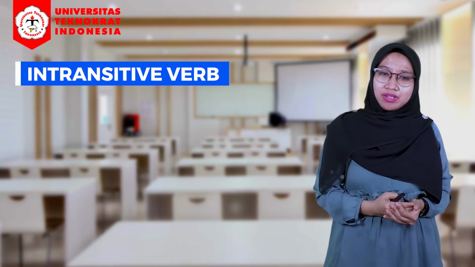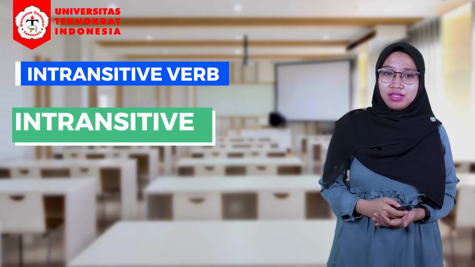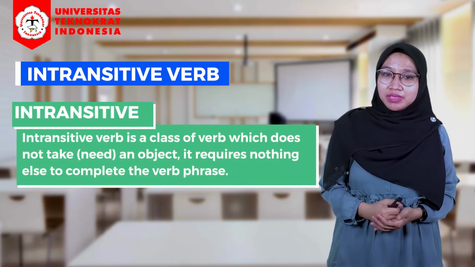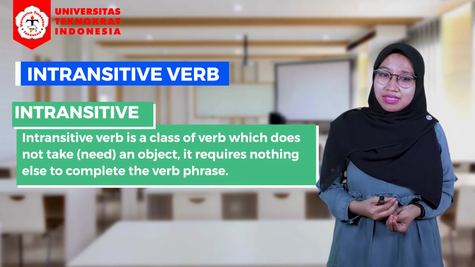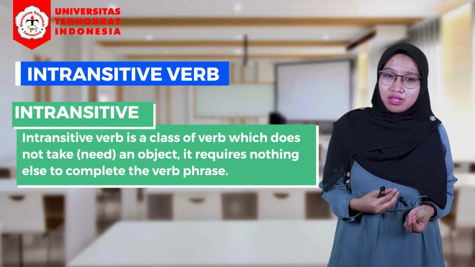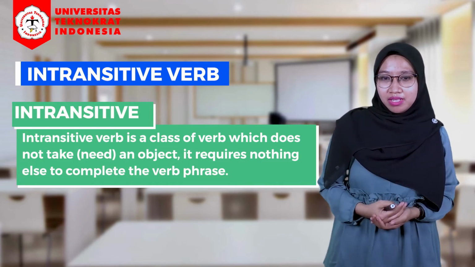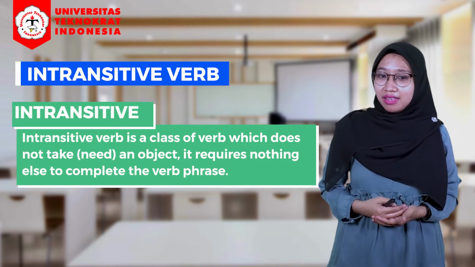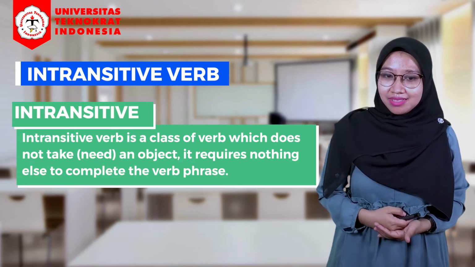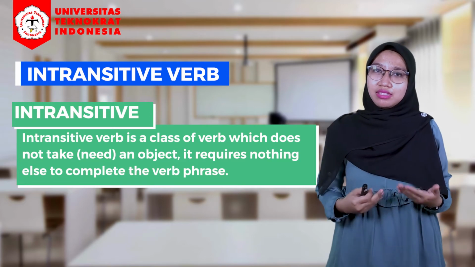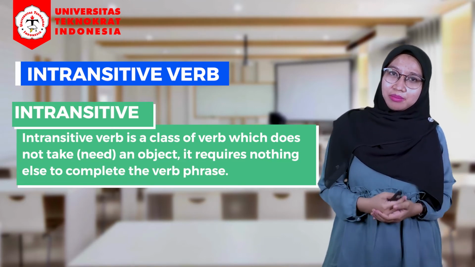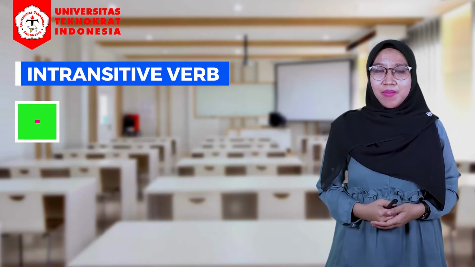For the next kind of verbs, the intransitive verbs. In these verbs, the verb does not need an object. It requires nothing else to complete the verb phrase. Now let's take a look at the examples to make it clearer.